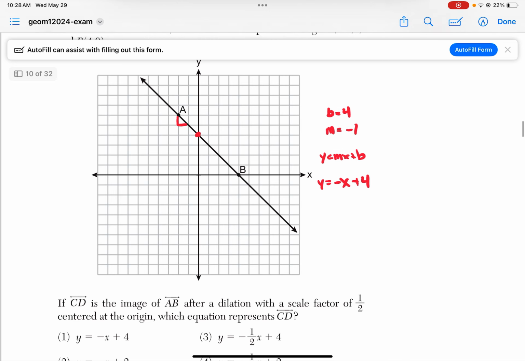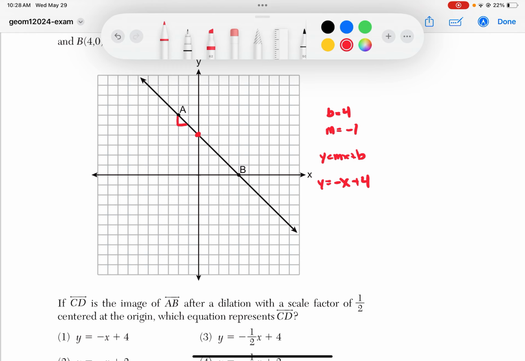Now we know that dilations create similar figures. So in this case, what would a similar line look like, right? If I change the slope of the line, for our intents and purposes, it's not really the same line. It's almost like if this angle was drawn and I kept that same angle, right? The angles are changing. This angle is much larger than that one.